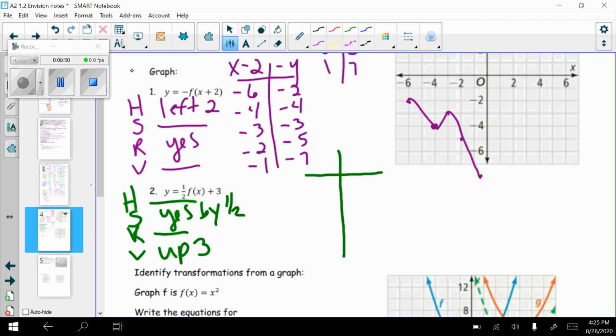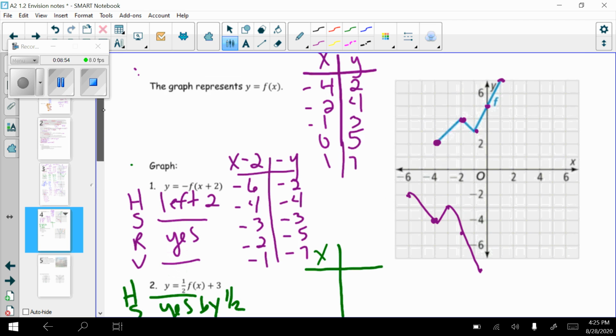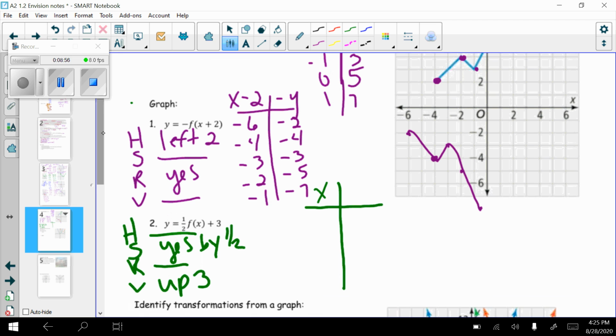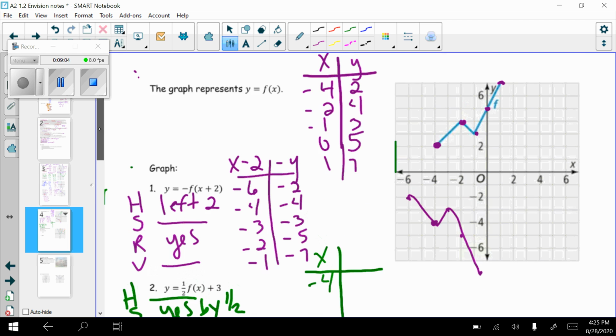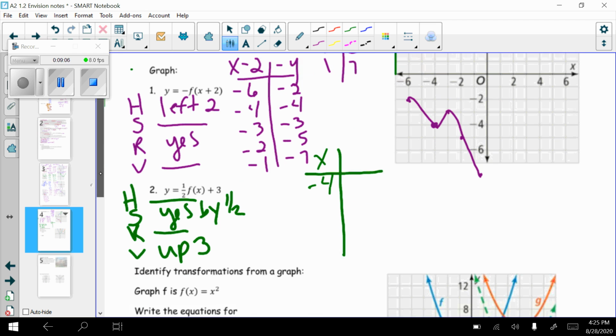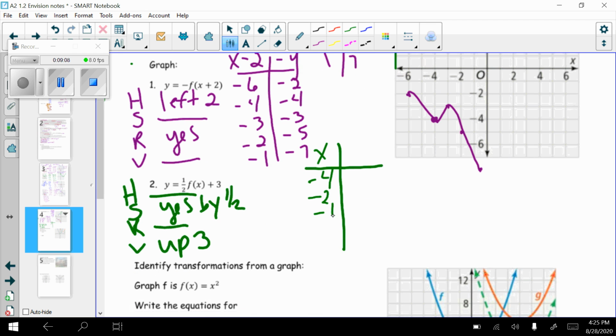So now, since there was no h, all of my x's stay the same. These were the original x's we started out with. So we were at -4, -2, -1, 0, and 1.